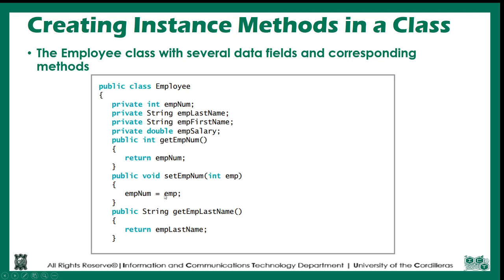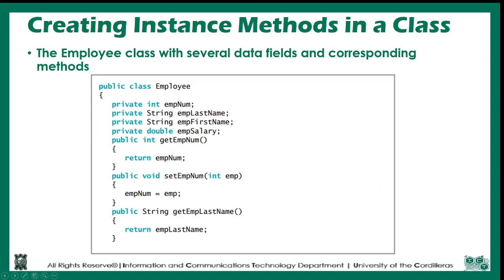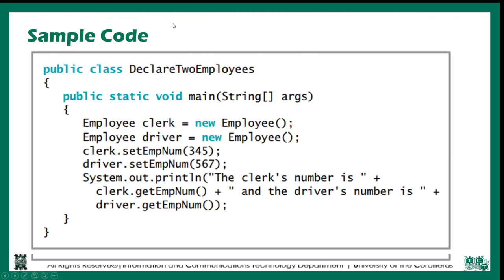So automatically, the clerk's getEmpnum will get the value of 345 that you have set from the class. And take note, since everything is public static, I hope you understood that. That's how it actually works.